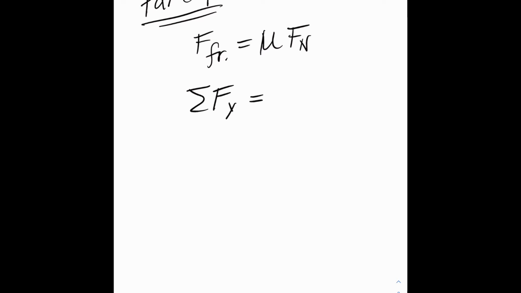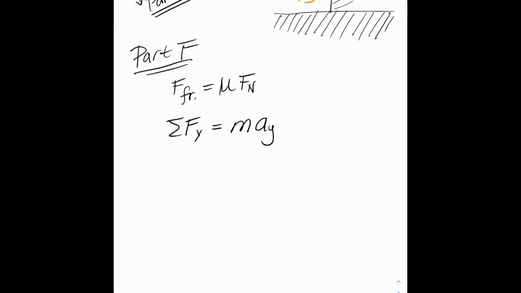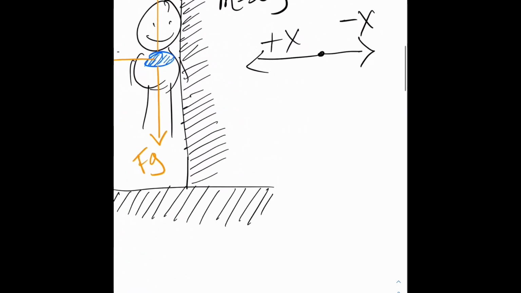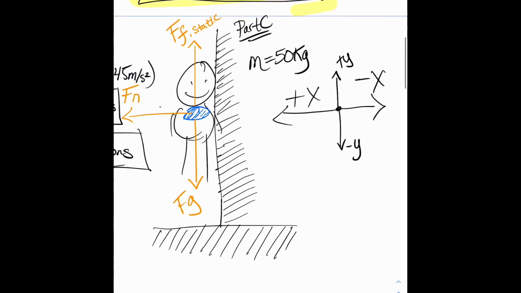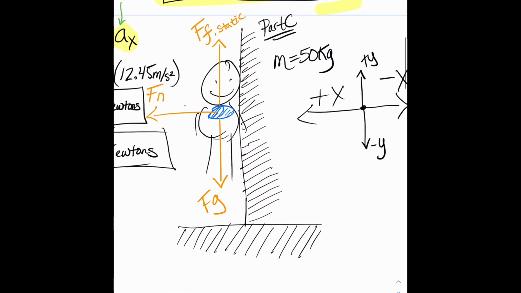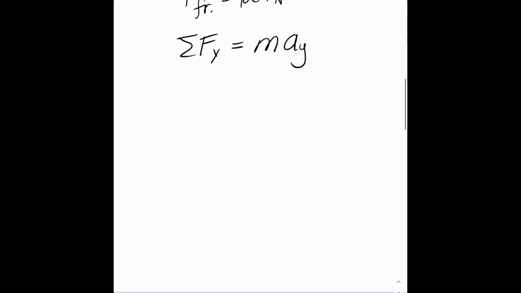Sigma Fy is equal to may. If I go back over here where I had the x direction labeled, we'll call up positive y, and we'll call down negative y. And so we can go ahead and label those. Force friction static will be positive, and gravity will be negative.